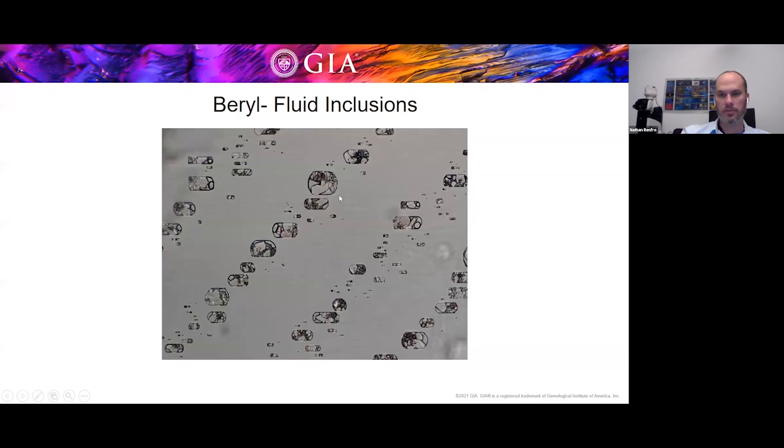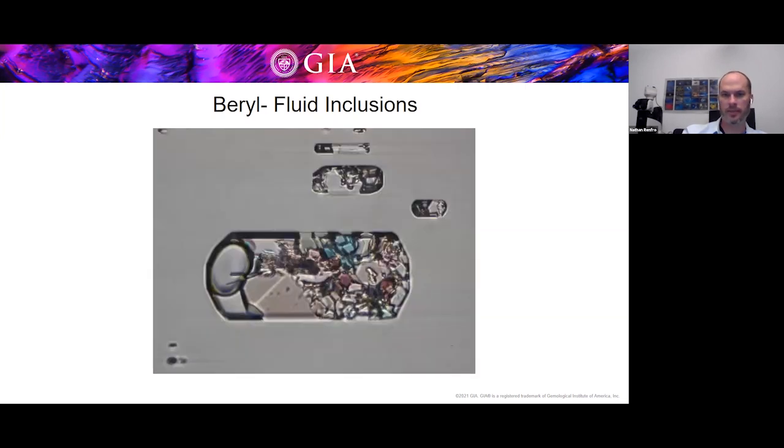In contrast to the quartz we saw before, this beryl from a pegmatite was clearly formed in a very complex fluid environment. If we were to heat this stone back up, we could dissolve this back into a homogeneous mixture, and it would represent the chemistry of the growth environment at the time this beryl formed.